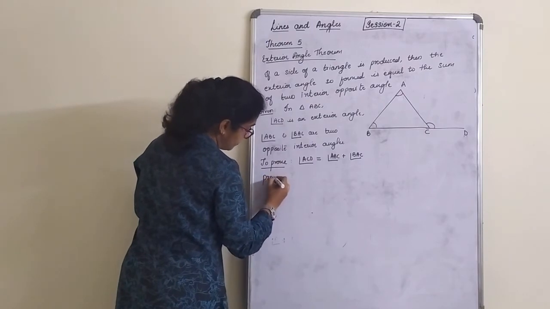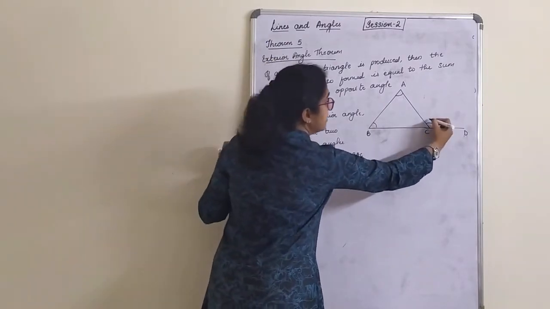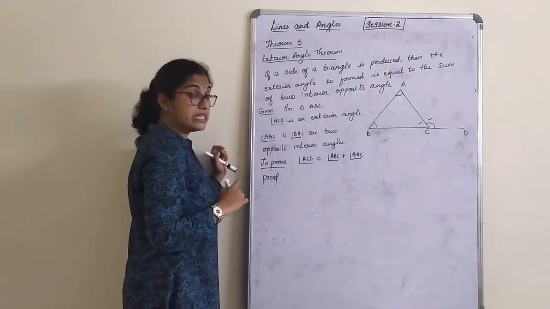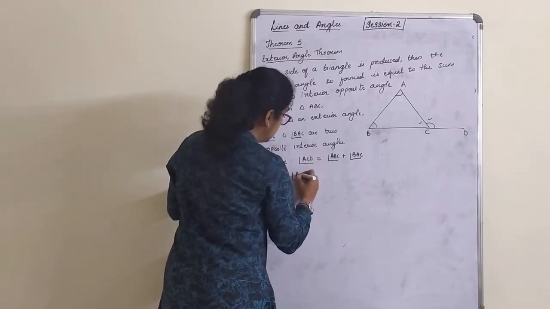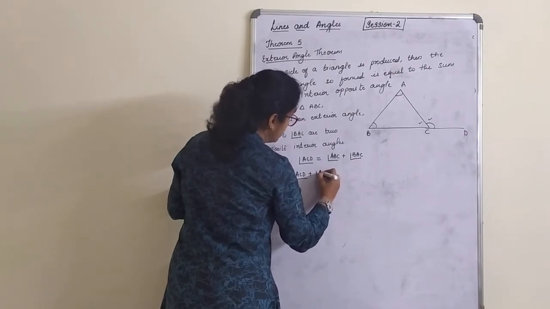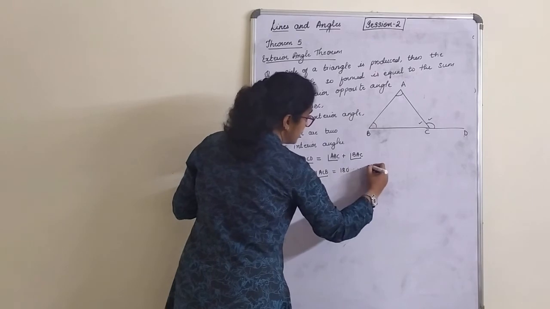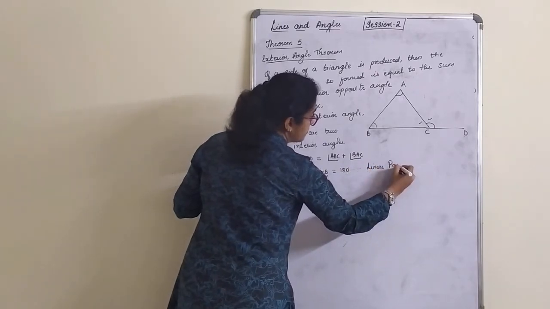Proof. So first what we will do is, can I tell that this angle and this angle sum is 180? Reason: linear pair. So I will say angle ACD plus angle ACB is equal to 180. Reason: linear pair.